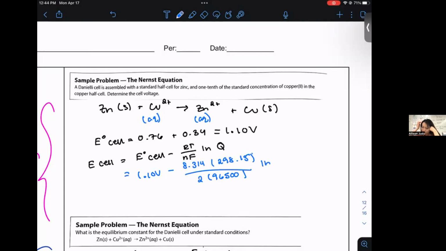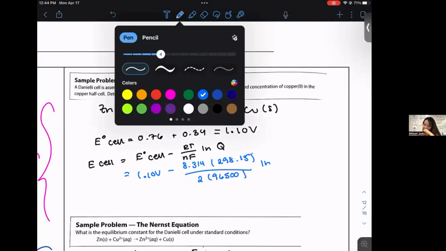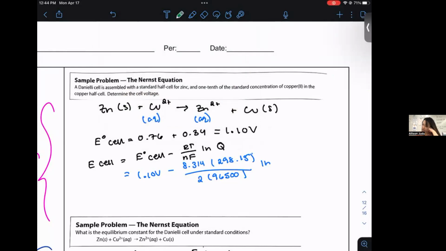So what we say here is we have been told that it's 1/10 of the standard concentration for zinc and 1/10 of that standard concentration for copper. So then zinc would be on top because it's your aqueous product, so it'd be 1 molar standard.